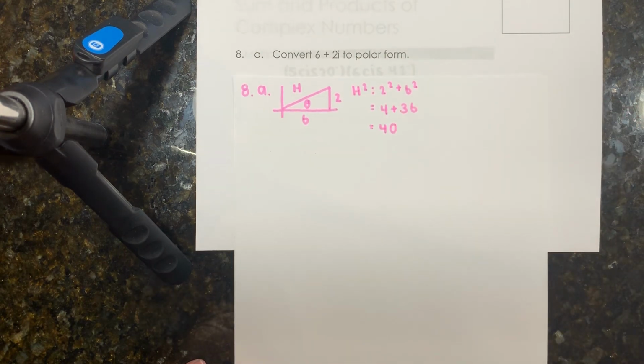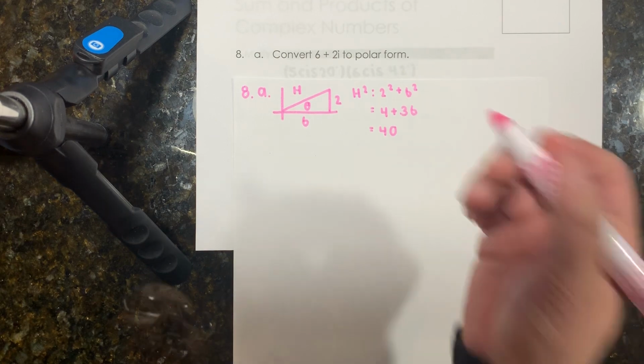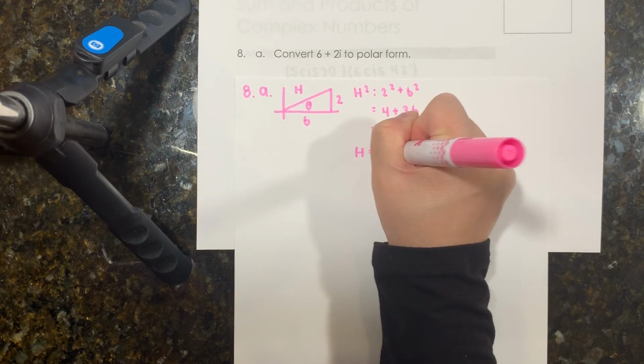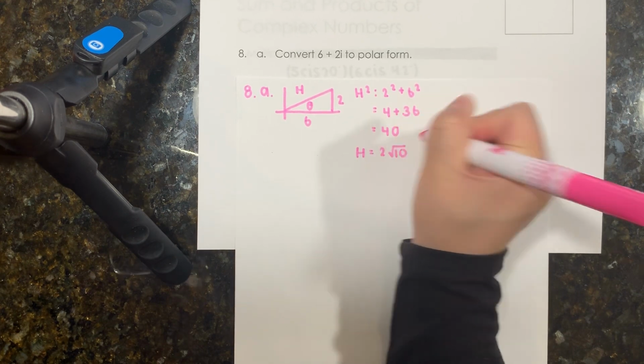And then when we simplify it, 40 divided by 4 would be 2 root 10. So that means my hypotenuse is going to be 2 square root 10.